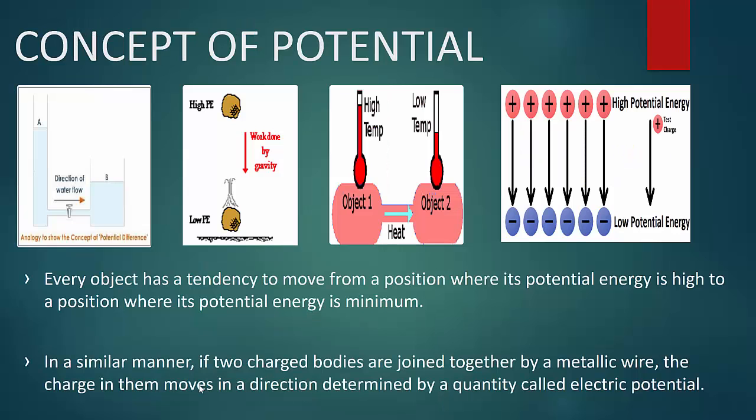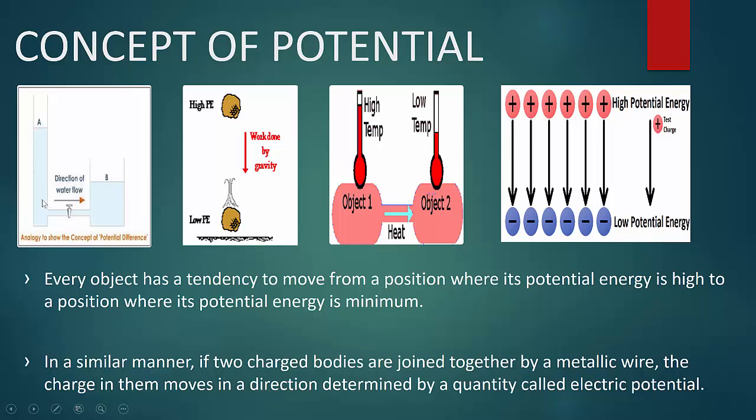What is potential? I have attached four diagrams here. Let's see the first one. Here you can see there is a water level in vessel A at a higher level, and in vessel B the water level is at a lower level. But vessel B is thicker and vessel A is thinner.